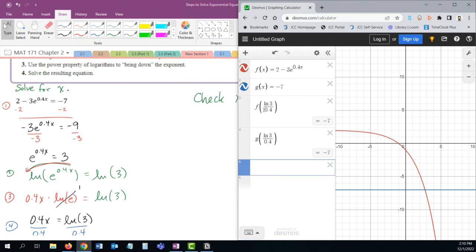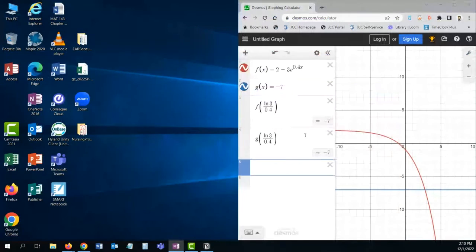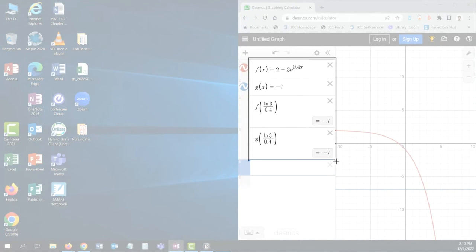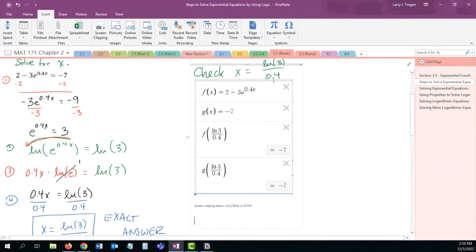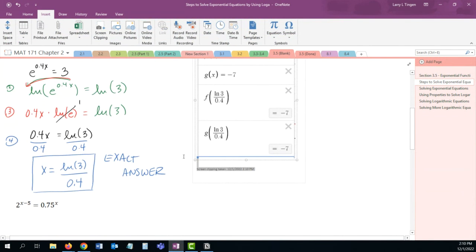And we find that when I plug in natural log of 3 over 4/10 into f and g, the left-hand side and the right-hand side both return the same value. That means this is a solution. So I'm going to insert that screen clipping. So there's my check.